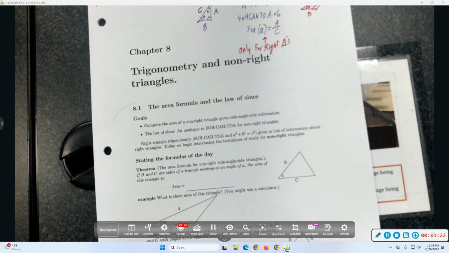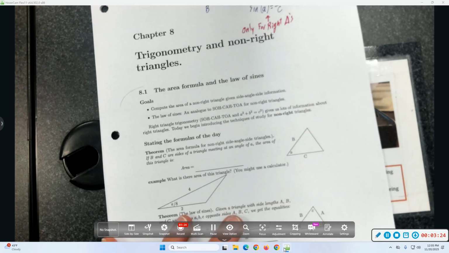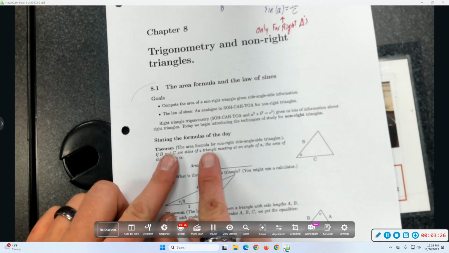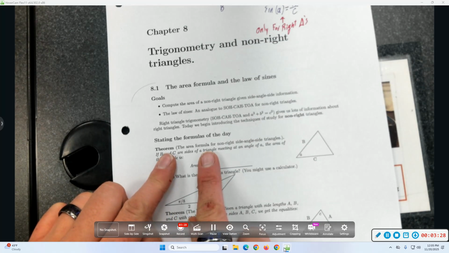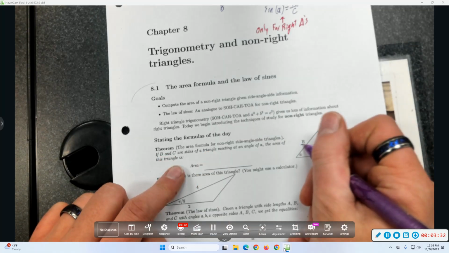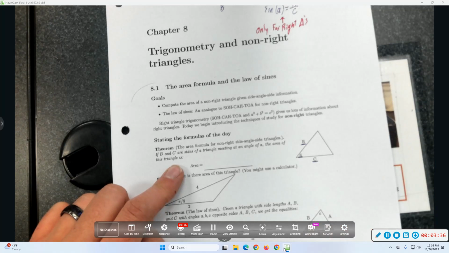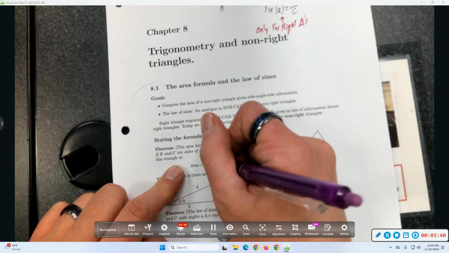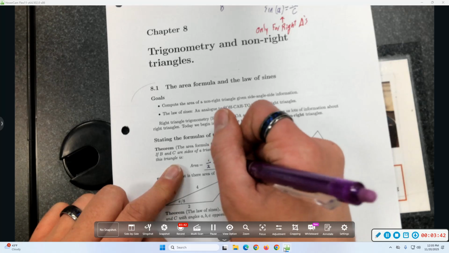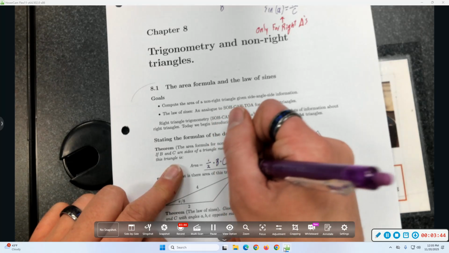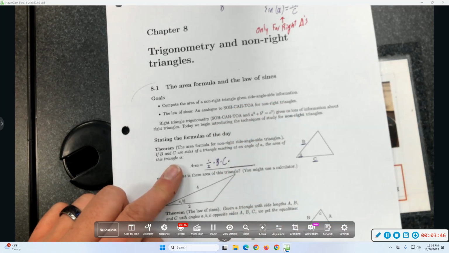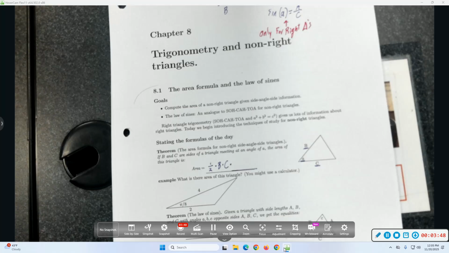So here's the first formula I want to start today with. Theorem: the area formula for a non-right side-angle-side triangle. If I give you a triangle, I tell you that side length, and that area, all of those things are things you know. Then the area is given by 1/2 B C times something that accounts for something.